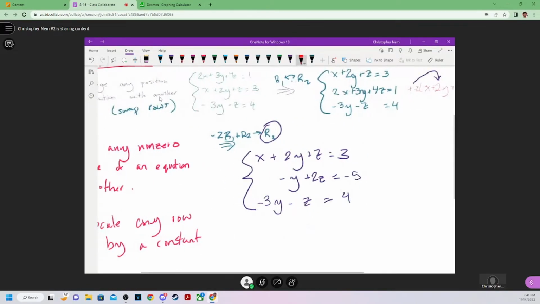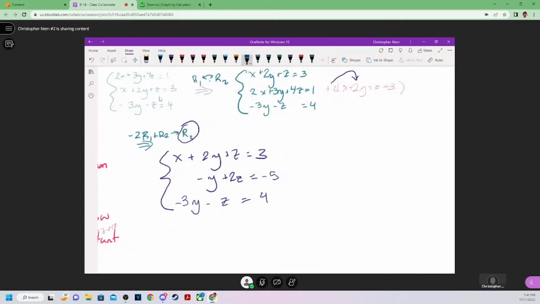Please don't multiply it by 0. What that means is that I can multiply any row by a single constant. Let's say on row 3, I want to multiply by -1/3. You can multiply by anything. I'm going to choose to multiply by -1/3.